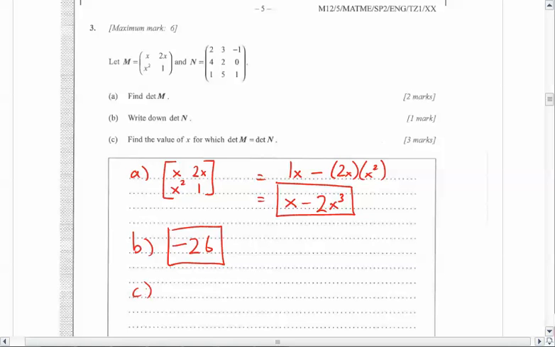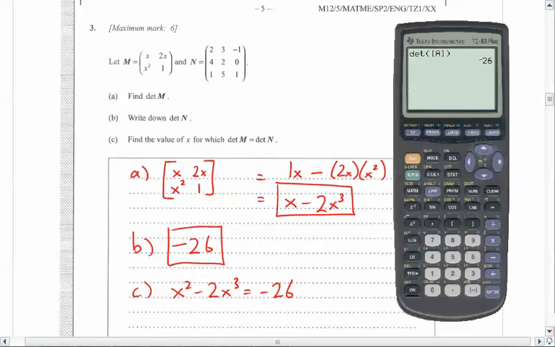For C, find the value for which determinant M equals determinant N. What that means is that x squared minus 2x cubed should equal negative 26. In order to do that, I can just graph it.